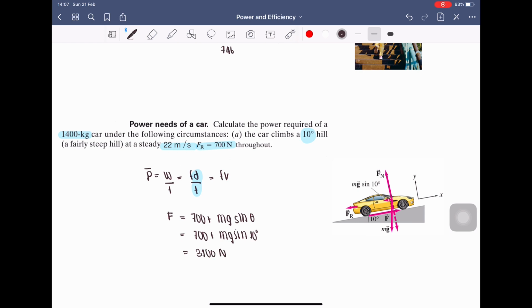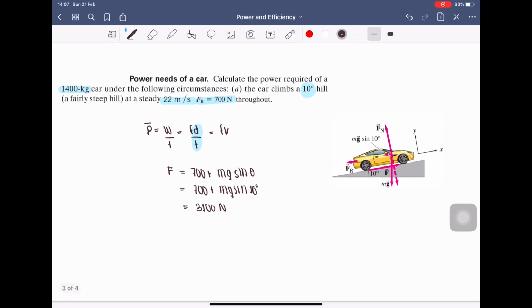We plug into the power equation. Power equals 3,100 times 22. This equals 68 kilowatts.